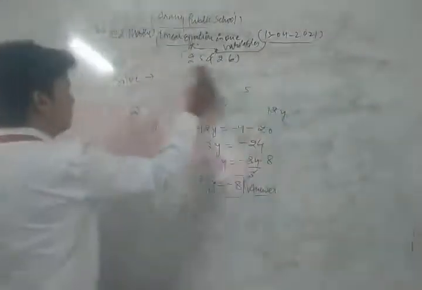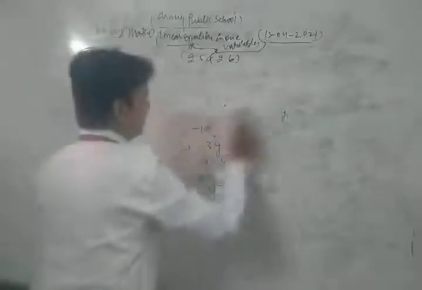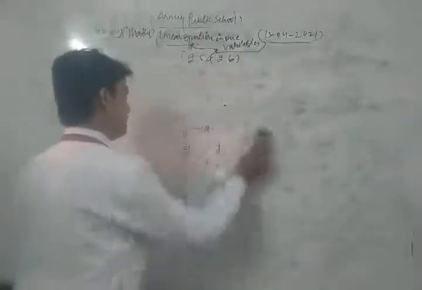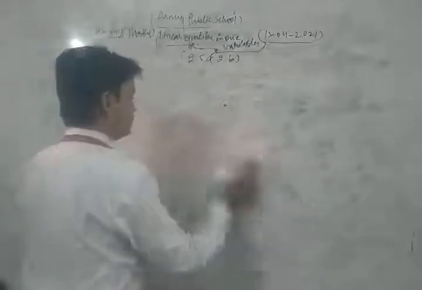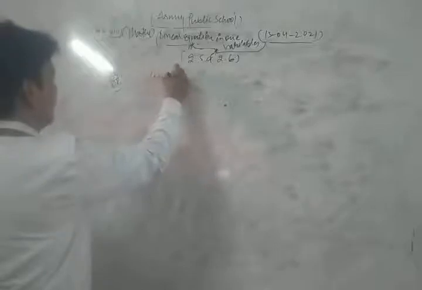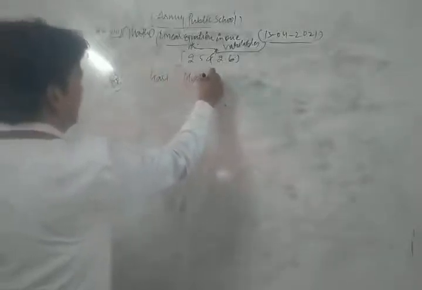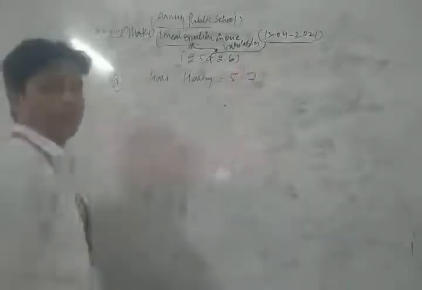Now we take one more question. And the question is, Harry and Harry's ages are in the ratio 5:7. Okay.